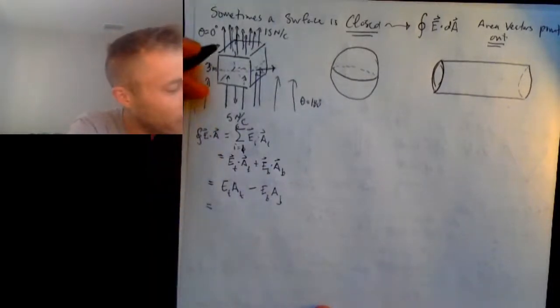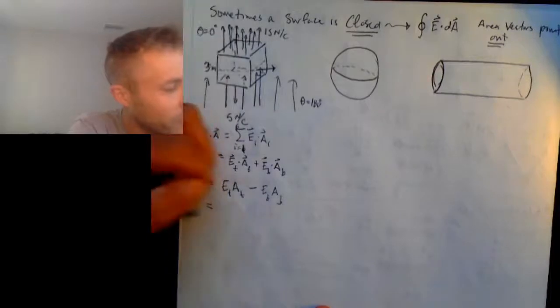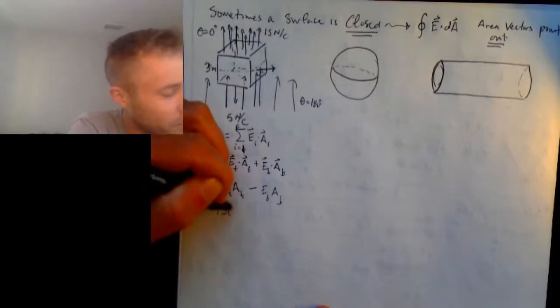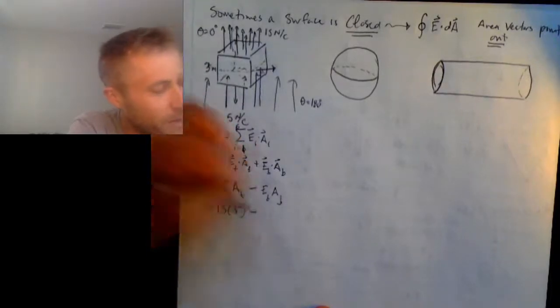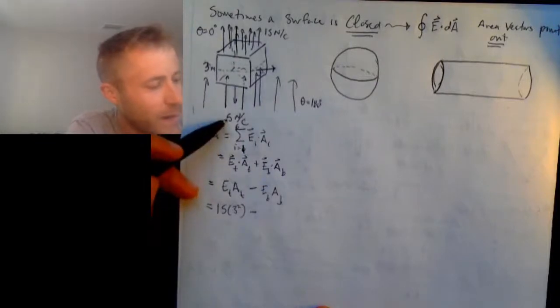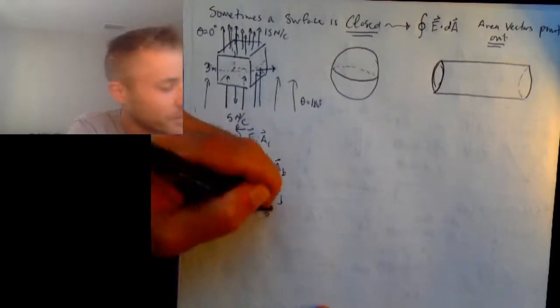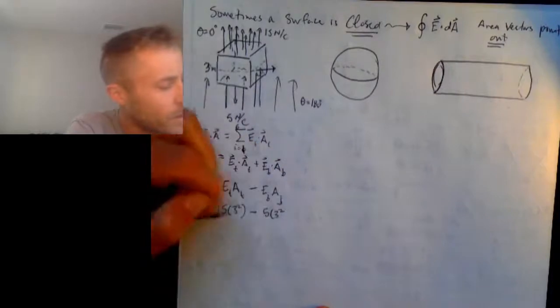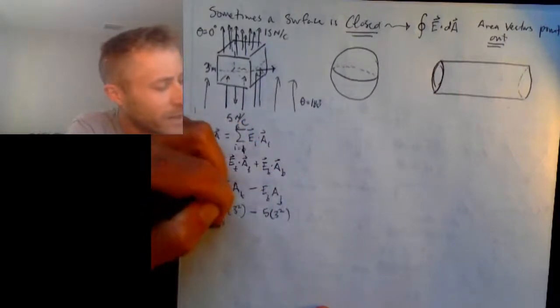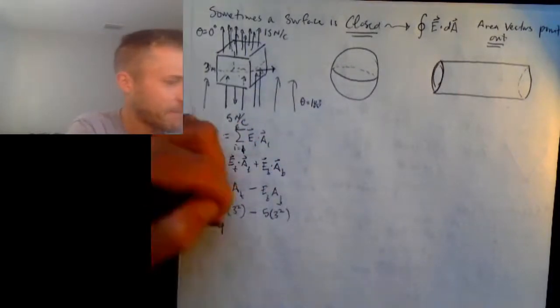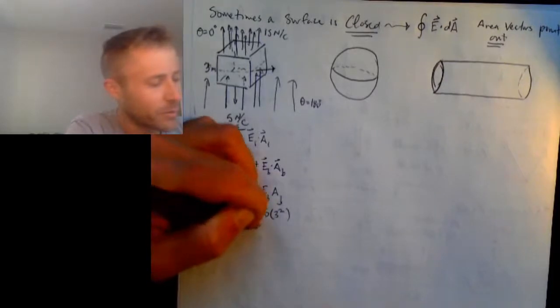So for the top one, it's going to be 15 times 3 squared. And then for the bottom, it's going to be 5 times 3 squared. So that is going to give us 90 newton meter squared per coulomb.